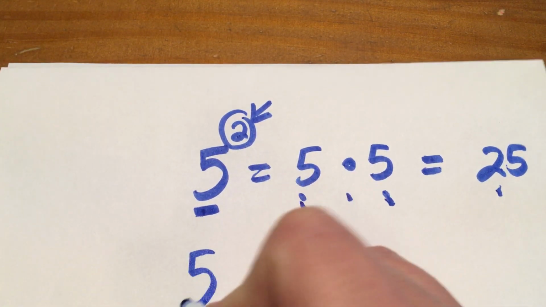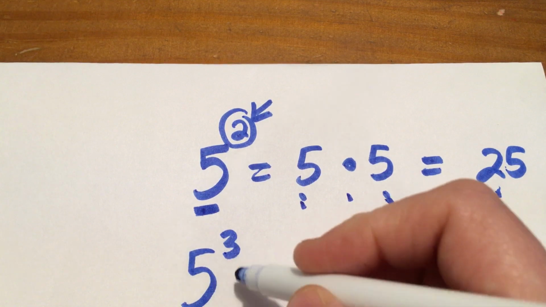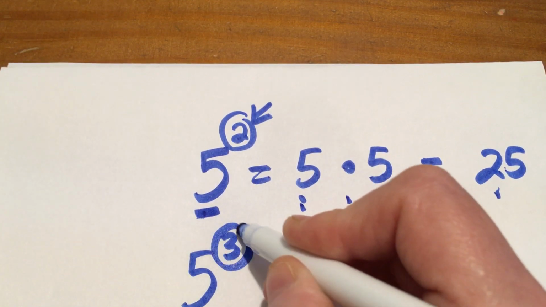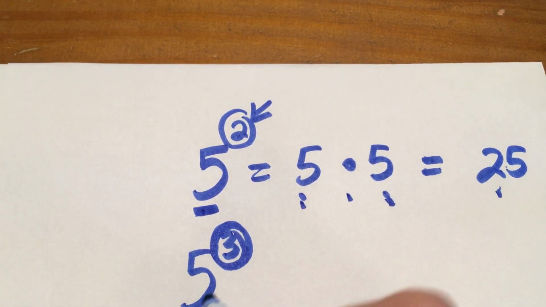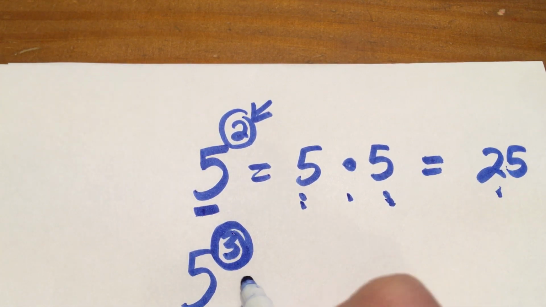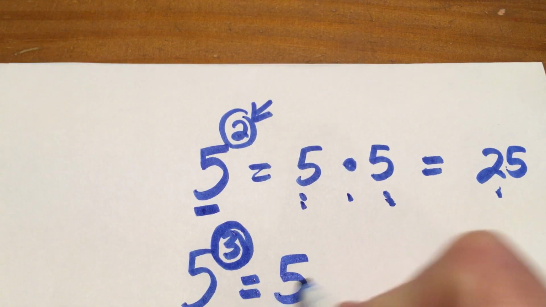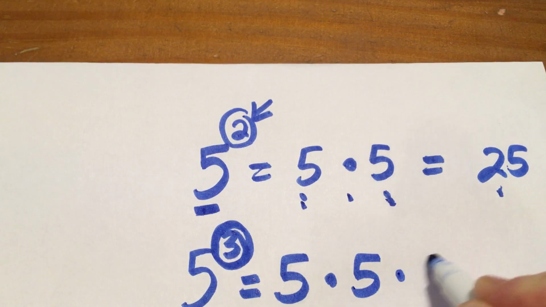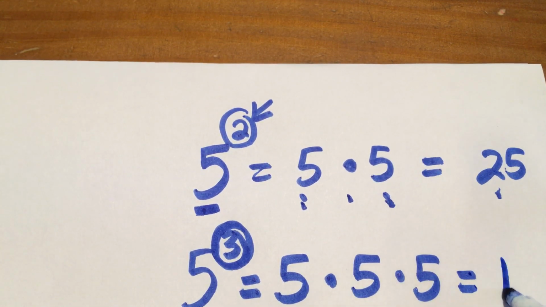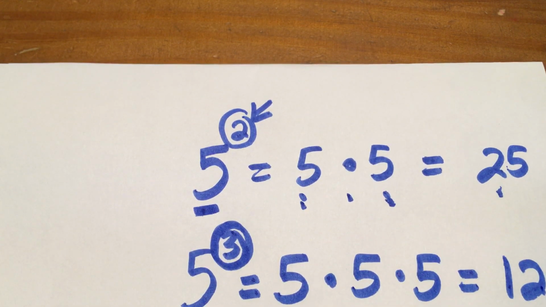So if we had 5 cubed, which is 5 to the third power, the exponent of 3 tells me to multiply the 5 3 times. 5 times 5 times 5 equals 125.